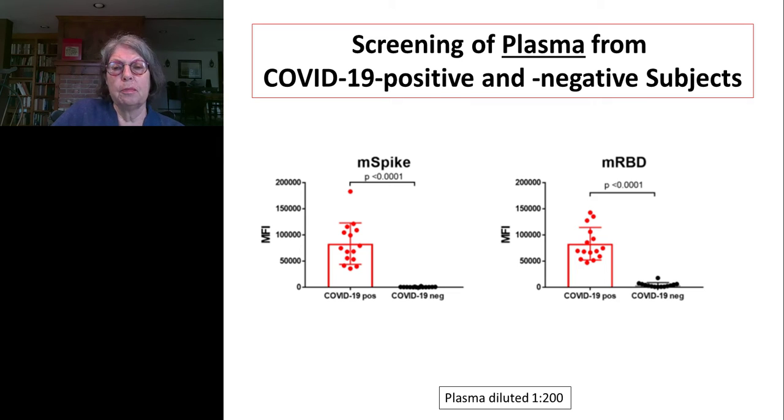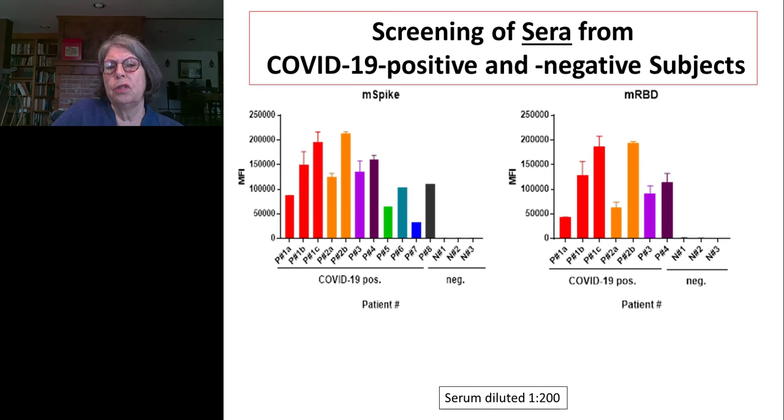This is an experiment that was done using plasma from volunteers. And in the next slide, I'm showing you the data with sera. So you can use both serum and plasma, and they give equivalent results.